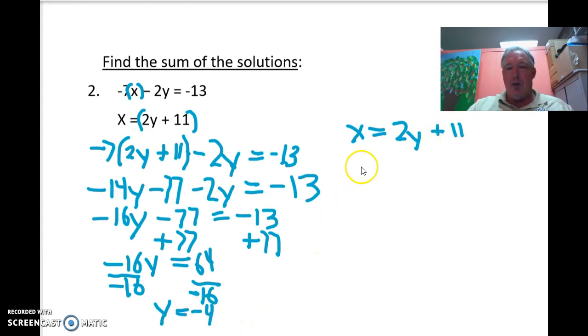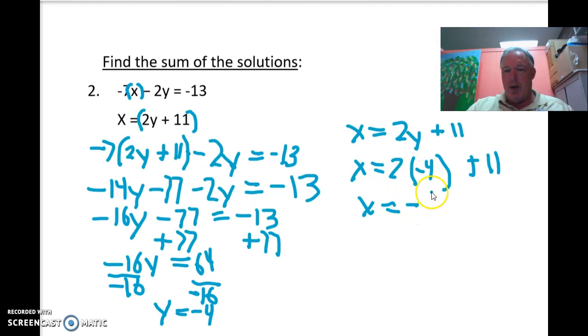We said y is equal to negative 4, so x is equal to 2 times negative 4, because we've got to put in the number for the variable y, plus 11. X is equal to 2 times negative 4. That's going to be a negative 8, plus 11. And so negative 8 plus 11, or 11 minus 8, x will be equal to 3.